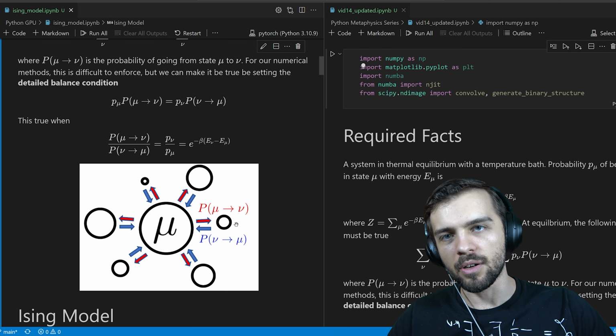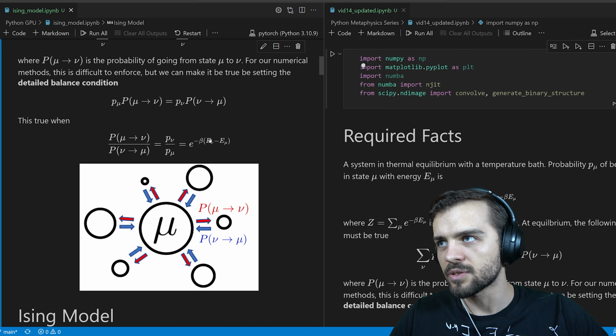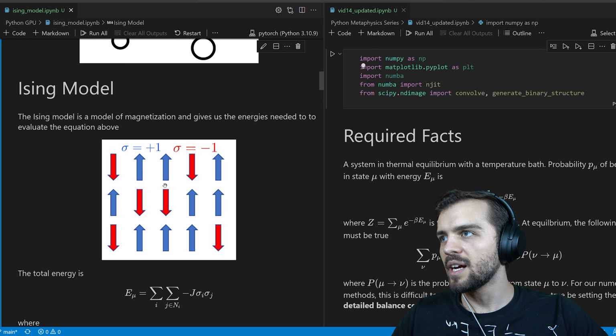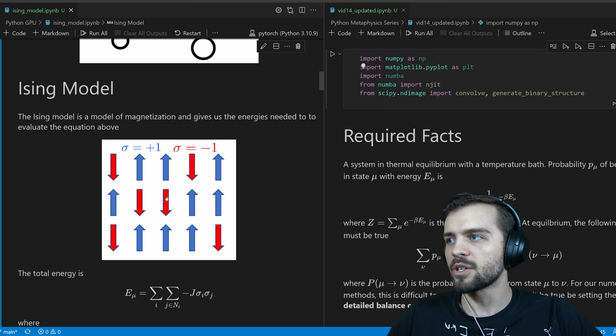So how does the Ising model come into this? Well, the Ising model tells us exactly what the energy of a given state is. In the Ising model, you have a bunch of spins either pointing up or down, and the energy is related to how many of the spins are pointing in different directions.